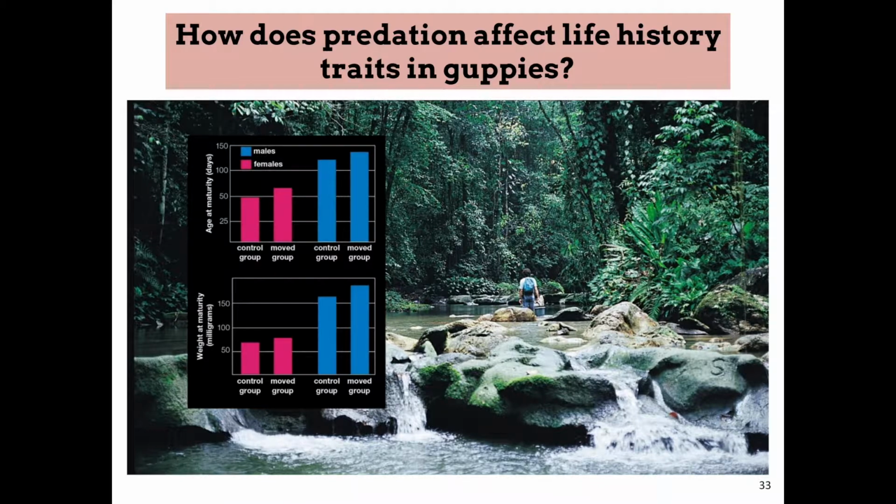The waterfalls also keep guppy predators from moving from one part of the stream to another. The main guppy predators, like I was saying, are the killifish and the cichlids, and they differ in size and prey preferences.